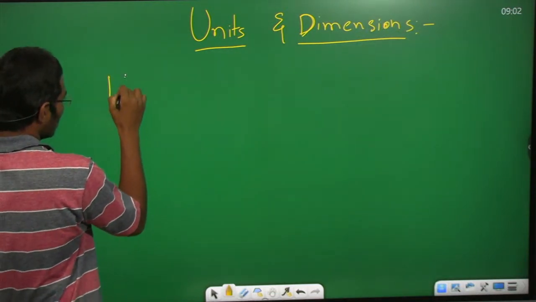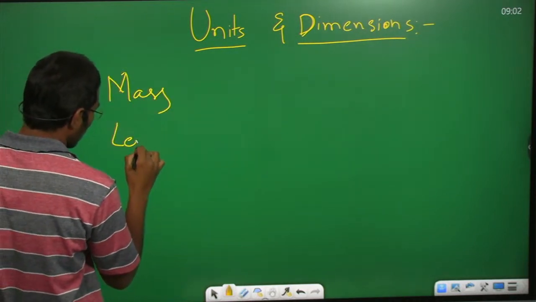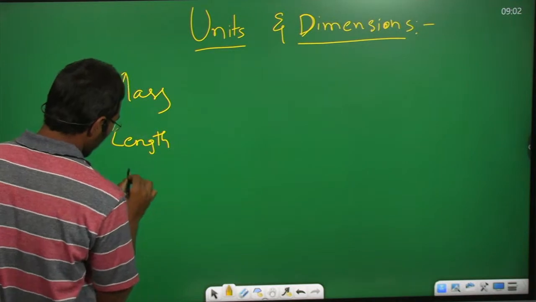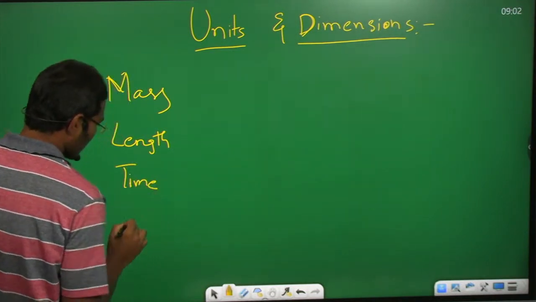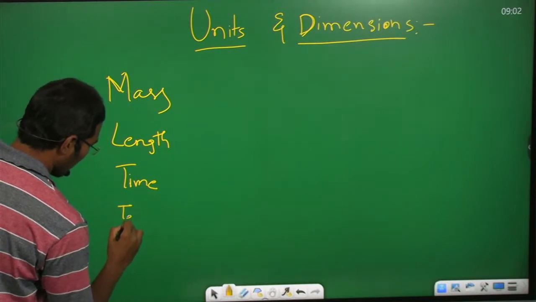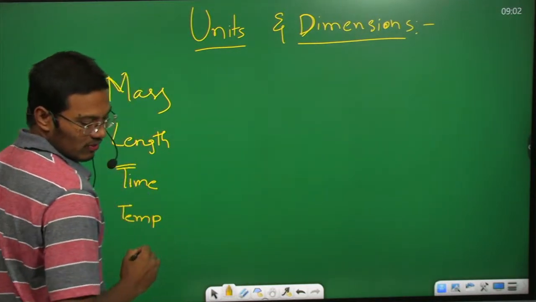So we have mass, length, time, temperature, and what else do we have?